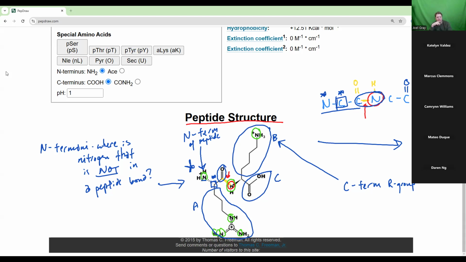I've got A, B, and C. Which of the following is not an amino acid R group? Well, A is, B is, C is not. Because C is just the termini or the C termini of my amino acid or of my peptide, sorry.